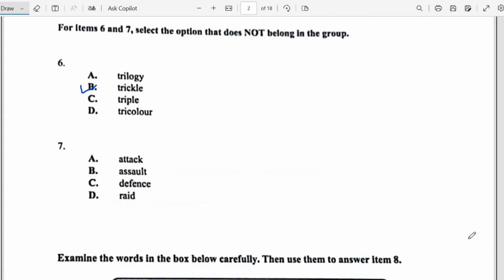The odd one out for assault, attack, raid, defense: the correct answer is defense. Attack, assault, and raid are all persons doing something to damage or affect someone or cause harm to them, while defense is you protecting yourself.